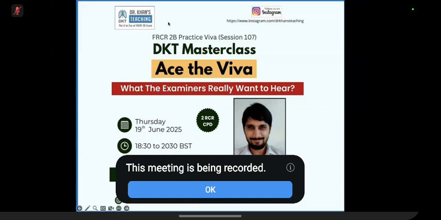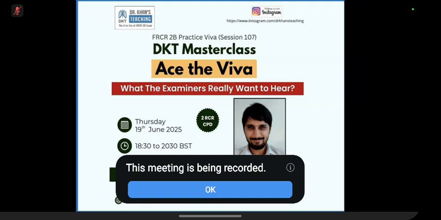Whenever you are giving a viva, you need to be systematic. They want a systematic approach, which includes observation, interpretation, differential diagnosis, and management. This should be the structure whenever you are speaking. You don't need a scattergun approach, meaning you don't need to speak a lot of things and a lot of diagnoses, or they will deduct your marks.